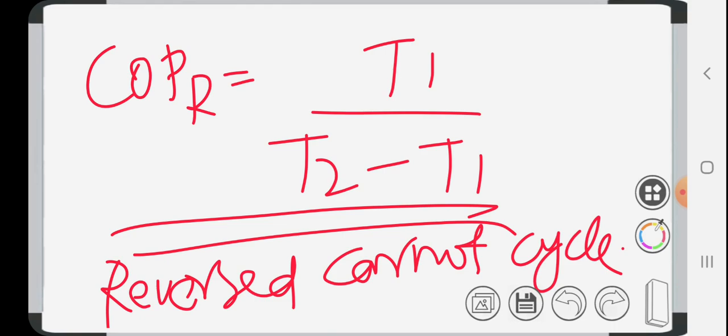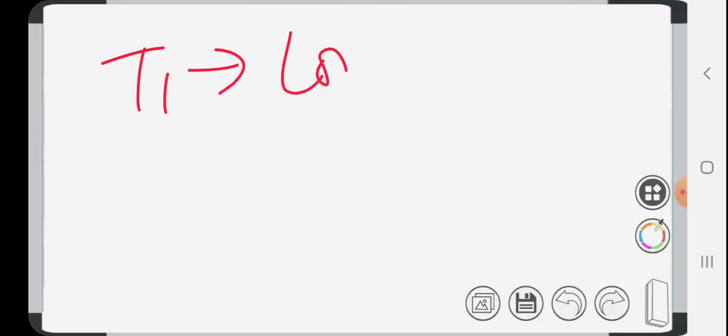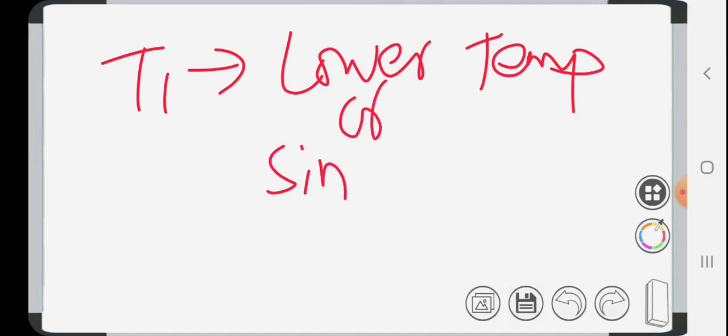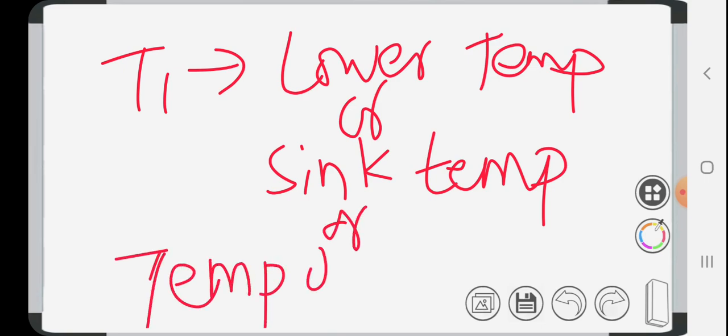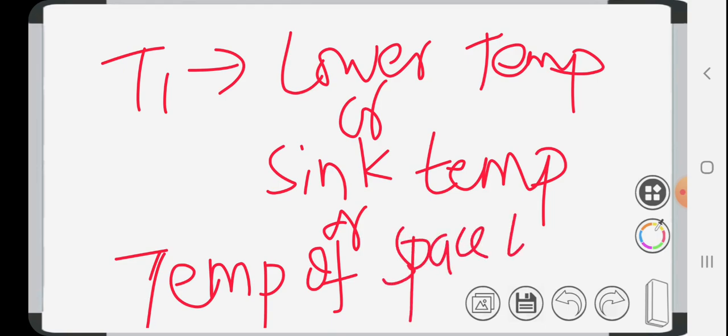When a refrigerator is working with air as the working fluid in the reverse Carnot cycle, the COP of the refrigerator will be T1 by T2 minus T1, where T1 is the lower temperature, or sink temperature, the temperature of the space to be cooled.